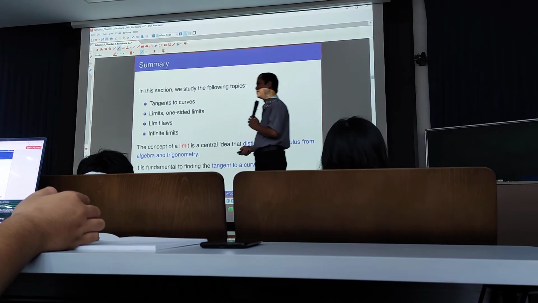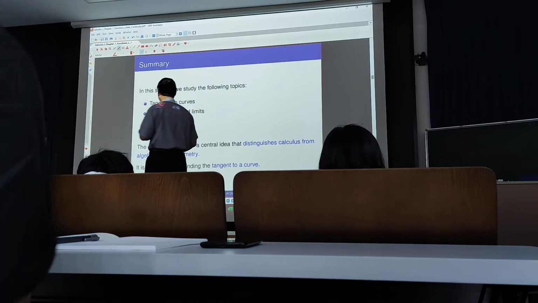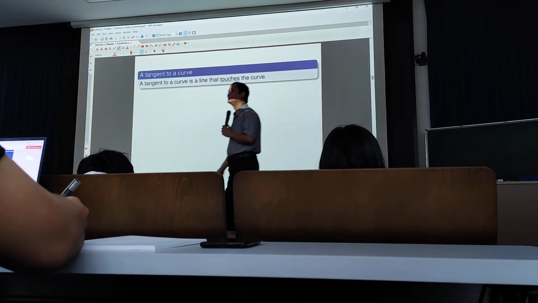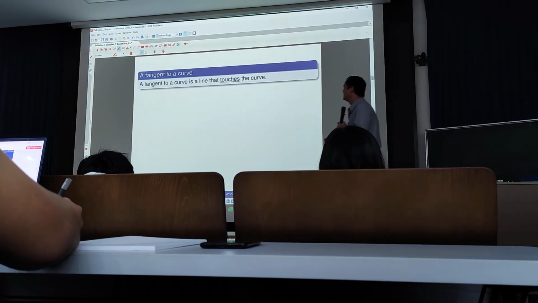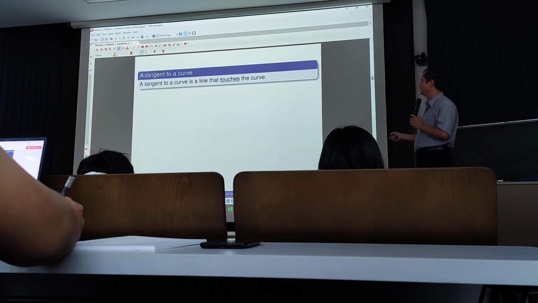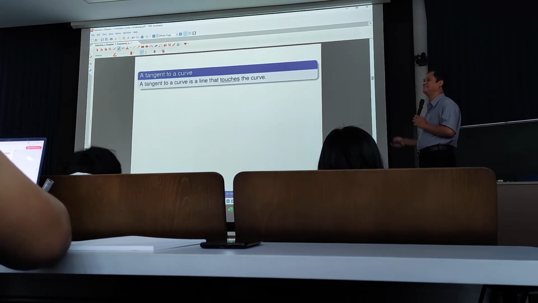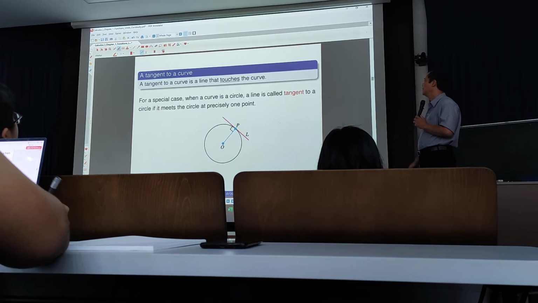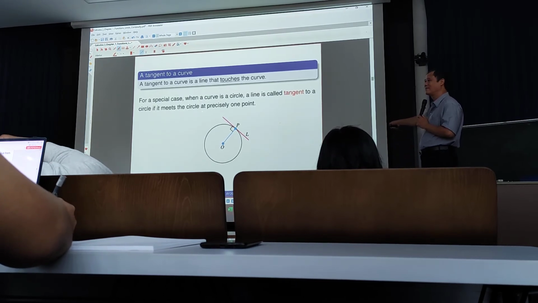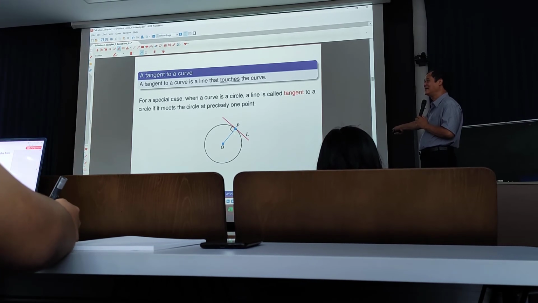The definition. A tangent to a curve is a line that meets or touches the curve. Here, the curve is a circle. It is easy.